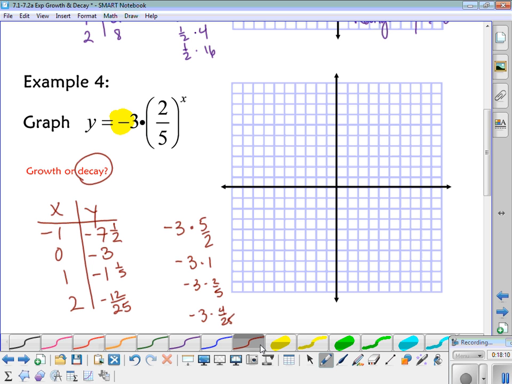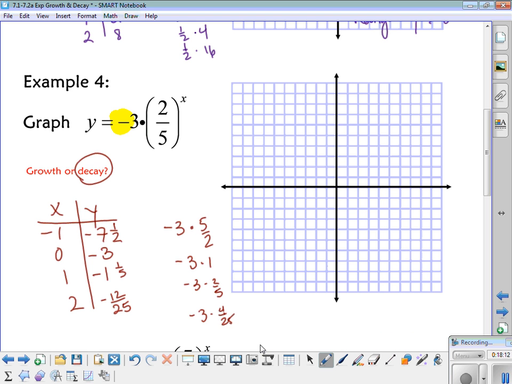Okay, so let's plot those points. So -1, -7.5, 0, -3, 1, -1 1/5, and 2, -12 over 25. And so it's still approaching 0, but it's still never going to get there.